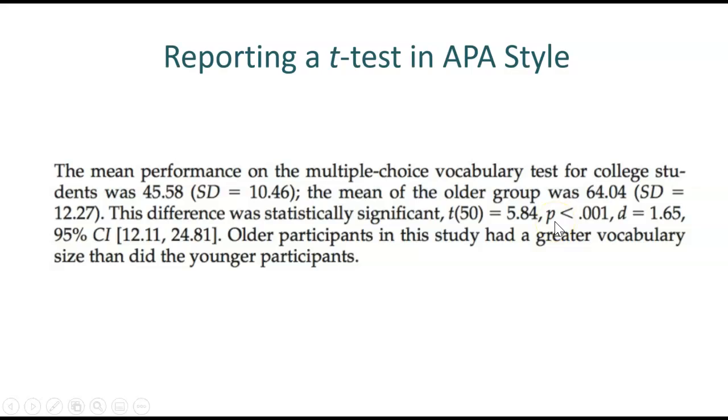The p is italicized, there are spaces. In this case, this is probably an SPSS result of 0.000, so they're using the less than sign. The d is italicized, there's a space around the equal sign, a comma, and then the reporting of the confidence intervals. And then usually a sentence that gives a verbal description of what you see.